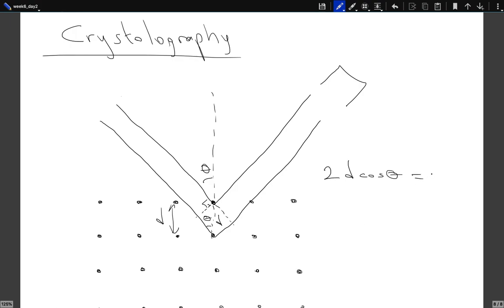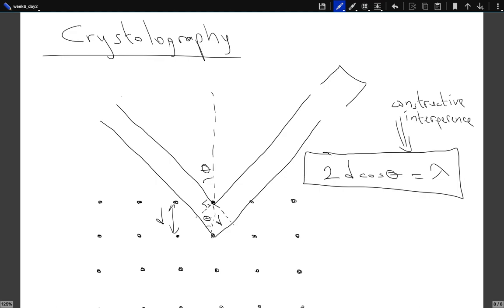And if this is just lambda, you get a constructive interference. Or if you are looking for a destructive interference, just put lambda over 2. So this basically tells you a way to determine lambda. You just measure theta. If you know what d is, you can just find lambda.